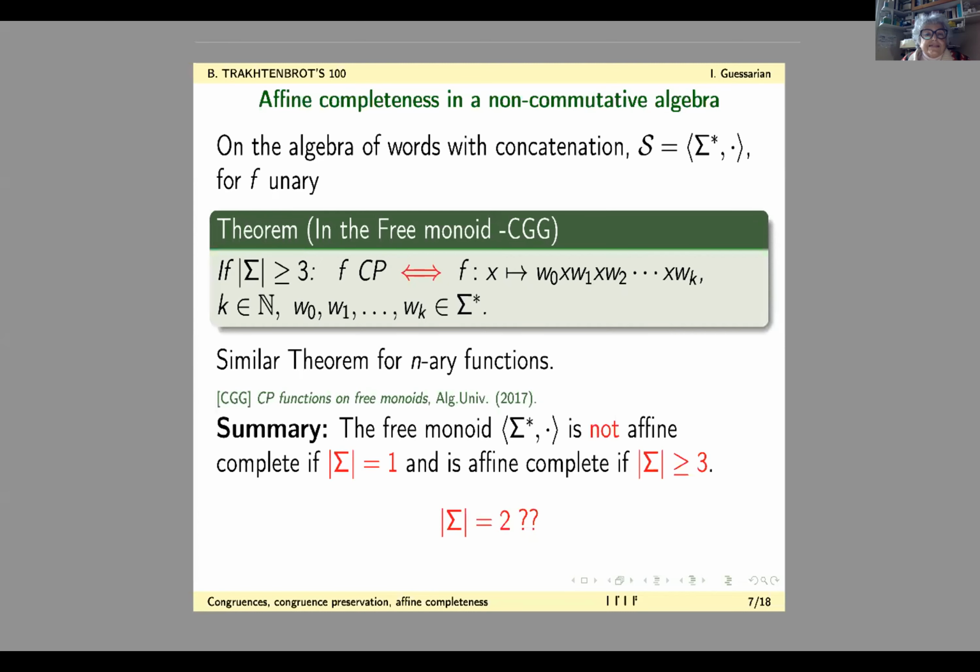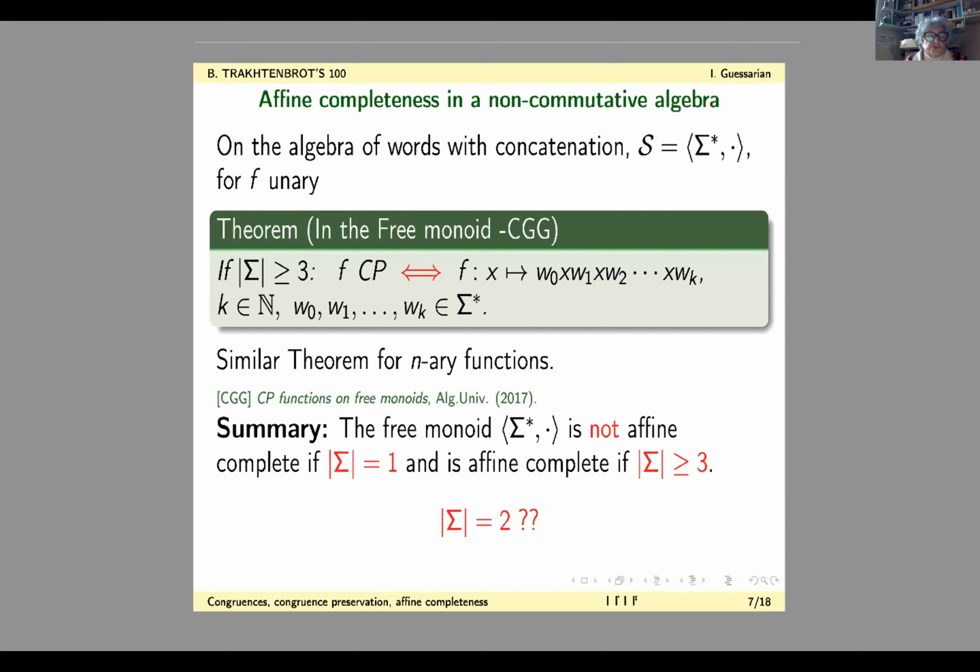So affine completeness has been reasonably well studied in commutative algebras. For instance, there is a complete characterization of abelian affine complete groups. But it was not studied in non-commutative algebras, neither in non-associative algebras.